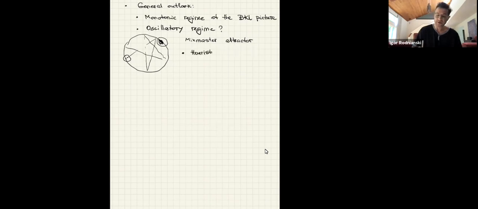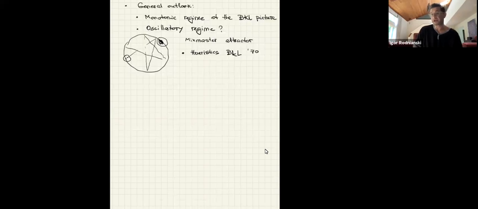So these are the heuristics on the oscillatory regime. This is BKL, a paper from the 1970s. The heuristics are based on considering homogeneous solutions of the Einstein equations. So you look at the general homogeneous model, and in that case the Einstein equations reduce to a system of ordinary differential equations, and they made some sort of analysis of this system, and they saw exactly this type of picture.